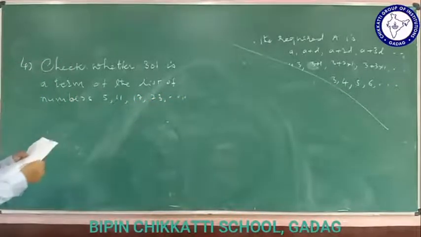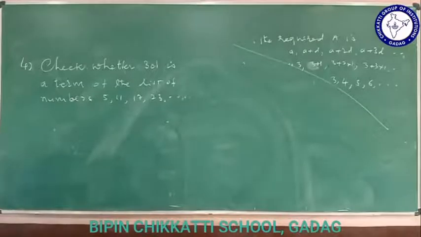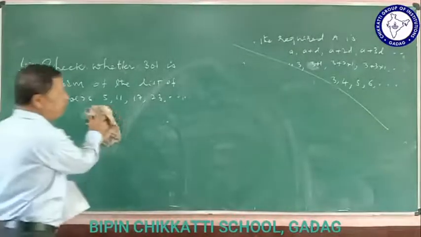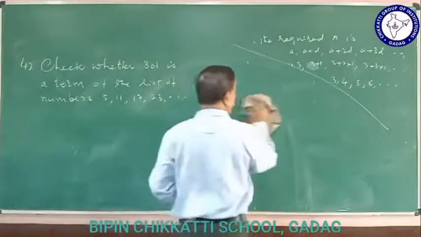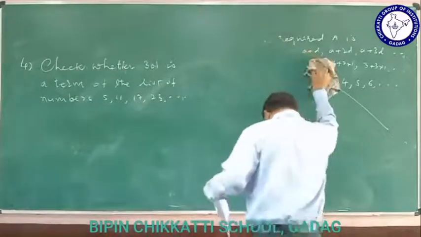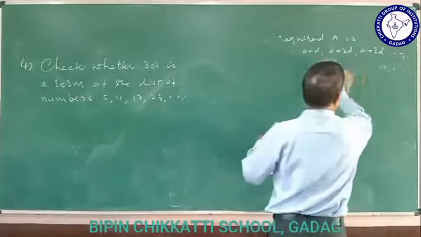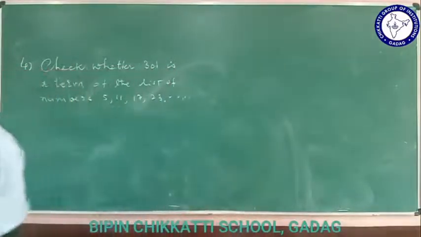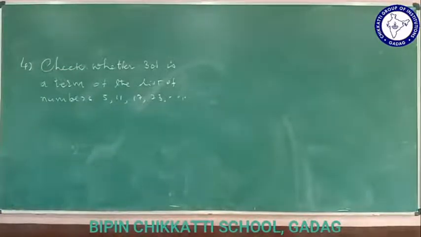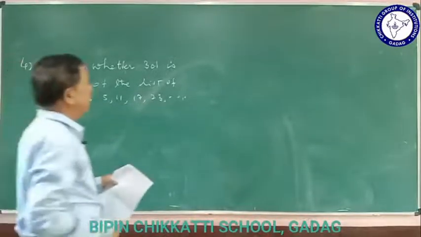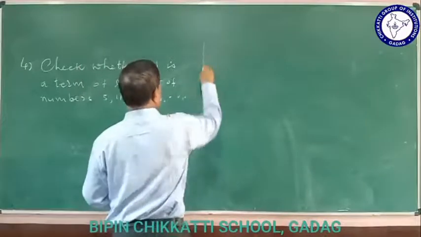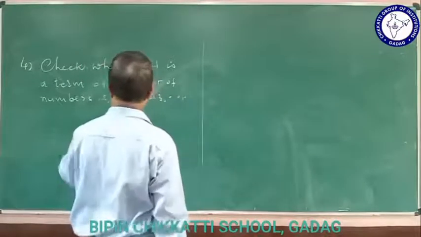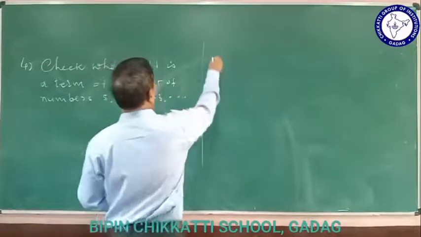So here you have to understand that first of all, we have to see whether it is an AP or not. Then only we can say that the 301 term is there or not. Because AP is not mentioned here, first I have to see whether it is an AP or not in the list of numbers.